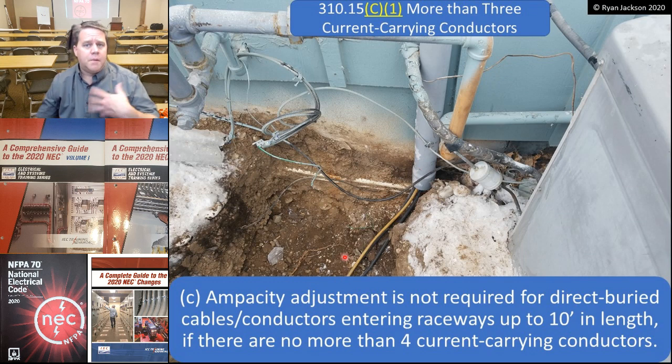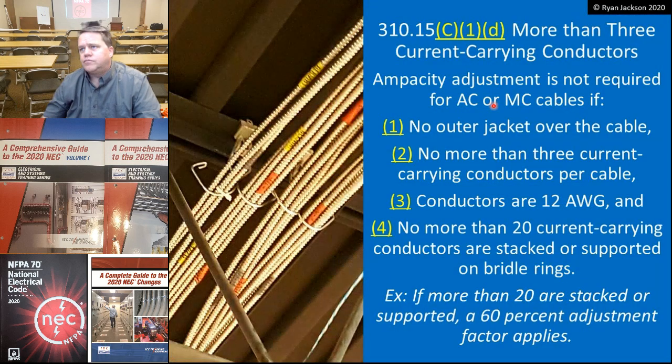So they're not bundled together, they're separated, and even better, they're in the dirt. So they're going to be in a cold environment anyway. So here the code is simply recognizing that, sure, the temperature may be slightly elevated inside of that raceway, but in comparison to the rest of the circuit, it's just not an issue. So we can go ahead and ignore that scenario.